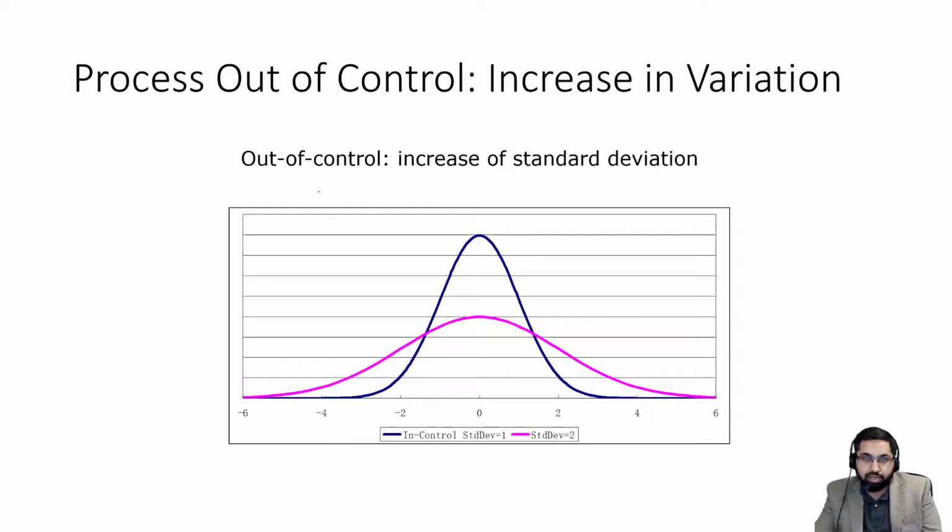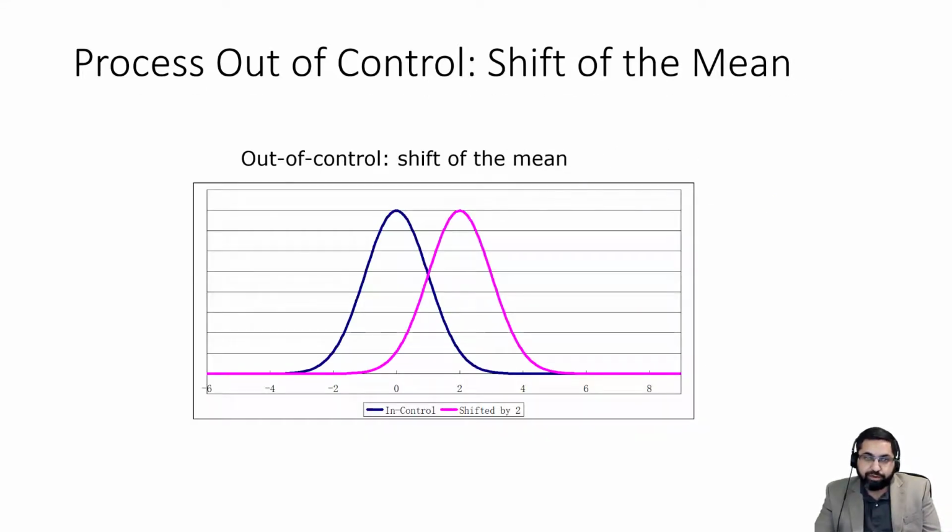So in this sort of situation where you were in control on the blue, and then this thing happened, this would show up on an R chart very nicely. As you go from the blue to the magenta line, you'll see the R chart showing you that your variation is going out of control. Okay, and this, where the variation is the same, but your mean is changing, right?